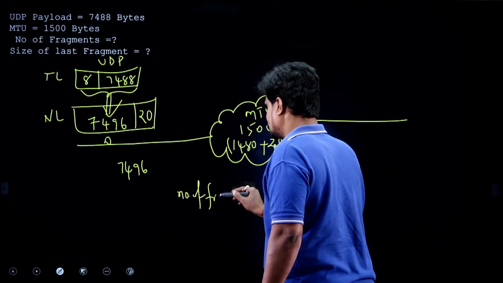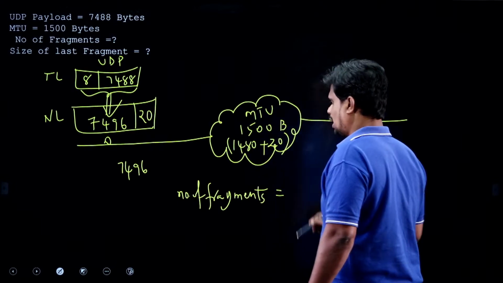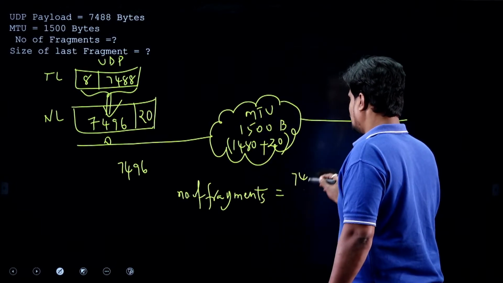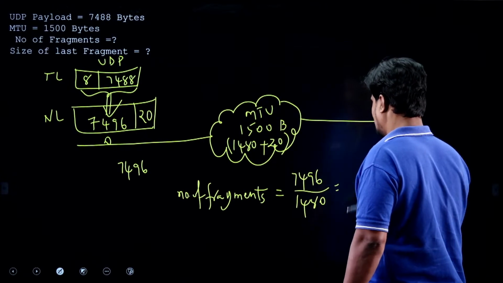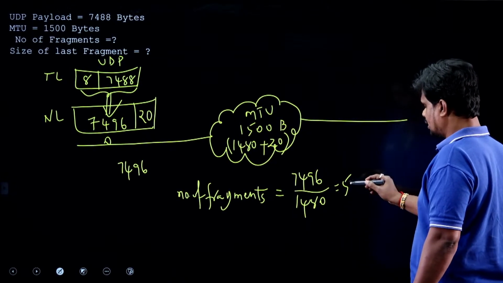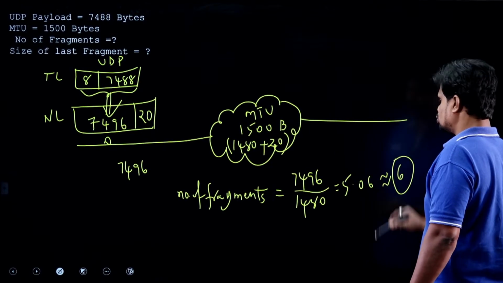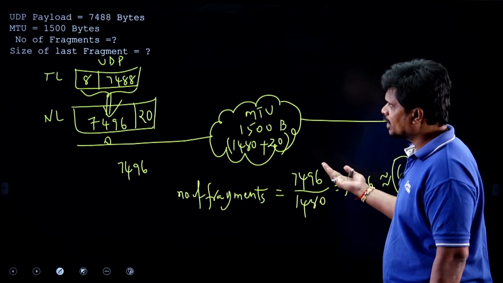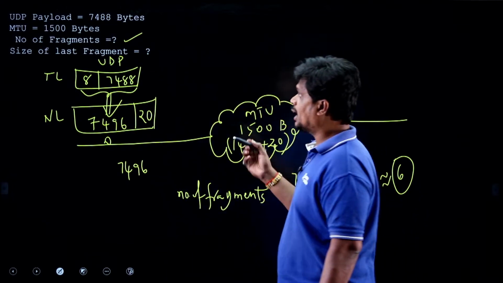The number of fragments is equal to 7496 divided by 1480. If you consider this, you are going to get something like 5.06 or so, which means in total you are getting 6 fragments here. So 6 fragments is the answer for the first question, the number of fragments. Then the size of the last fragment.